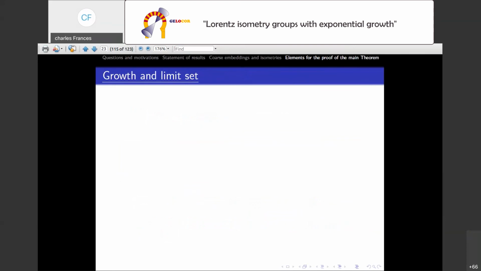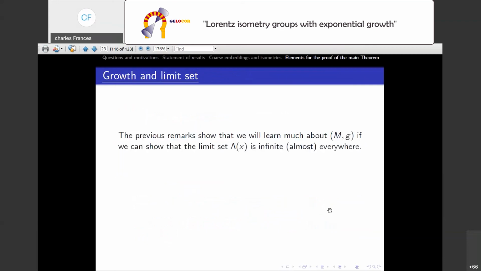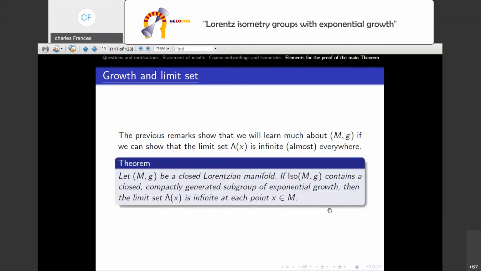Let me also mention the link between growth and limit set. I hope that I convinced you that if we show that the limit set is big, we will learn a lot about the geometry of our manifold. So one very important step in our study is the following theorem.